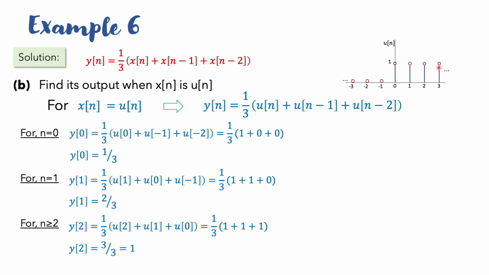So the magnitude is 1, 1, and 1. Plus 1 plus 1 plus 1 will be 3, and divided by 3 we get 1. Because after this all samples have the same value, all samples are equal to 1. So for all values of n larger than or equal to 2, the output value will be 1. So it will start with 1 over 3, then 2 over 3, and then 1. Then it will keep on in a steady form.